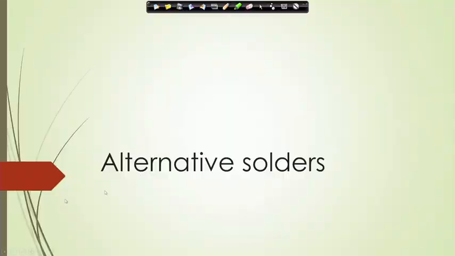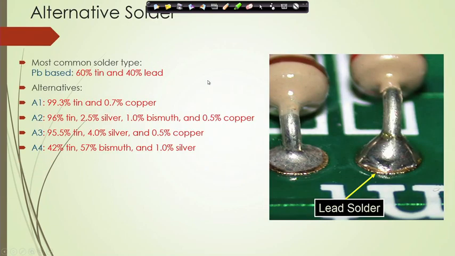So going back to the first project that I worked on in LCA, as I told you, I will give you some examples. This was on alternative solder. Now, what is this alternative solder? The most common solder type is the lead based. You saw this picture in the very beginning of this course, I think, as well.